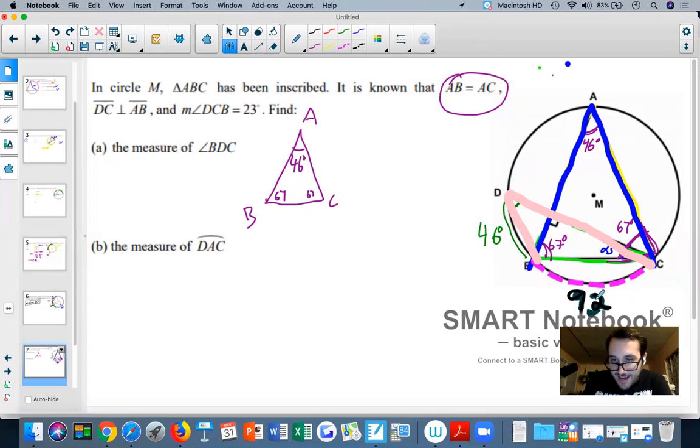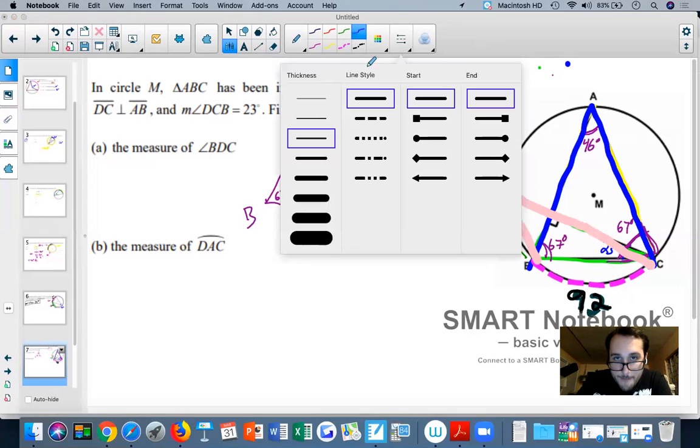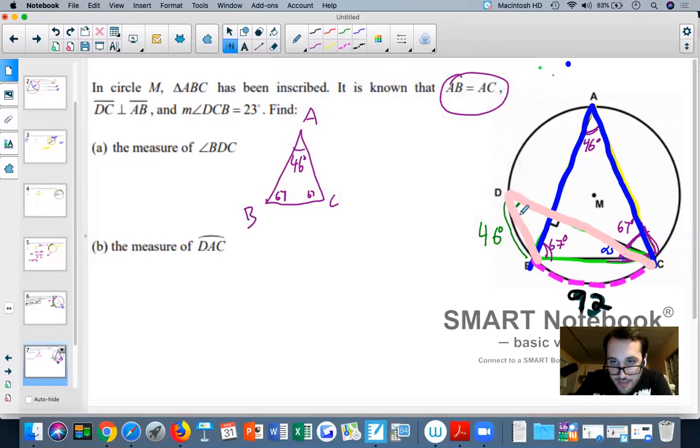So if this is 92, what must this angle be? If it's an inscribed angle, you have it, right? So 92 divided by 2 is 46. Actually, we talked about this in the lesson. If two angles in a circle intercept the same arc, the angles must be equal. So the measure of angle BDC is 46 degrees.